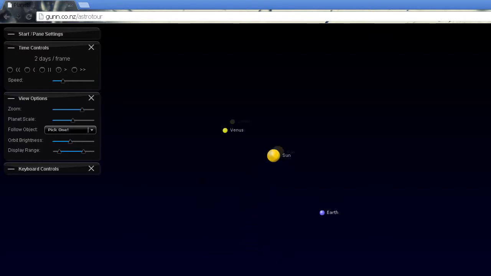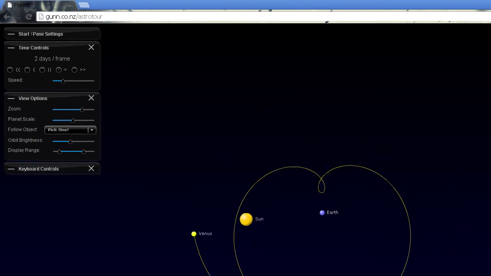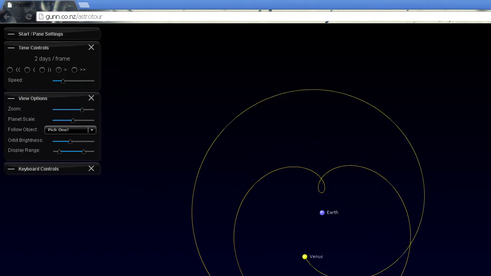Now let's look at Venus. Can we see the path that Venus traces through the sky? Turning on trails will help. Let's wait a minute and watch the trail form. It makes an interesting curve, doesn't it? By chance, the relative speeds of Earth and Venus orbits mean that a five-sided pattern emerges.